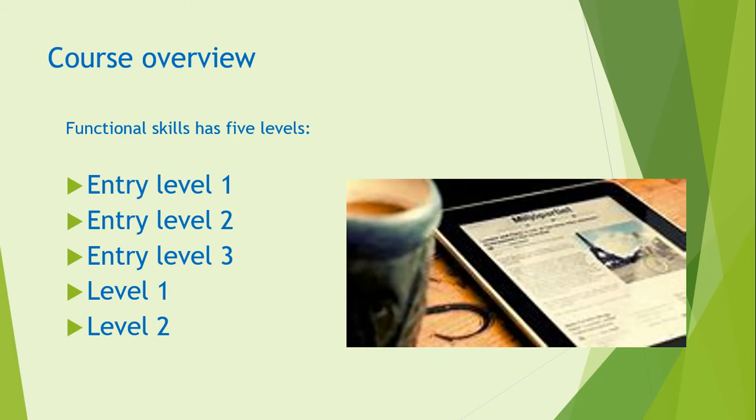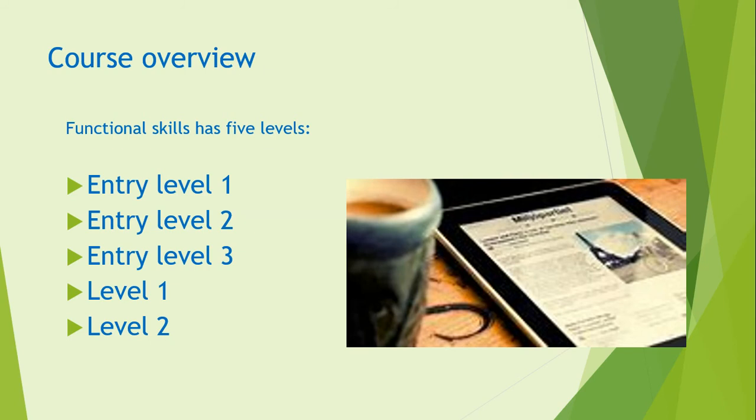So functional skills actually isn't just one qualification like a GCSE where you get lots of different potential grades. This time it's either pass or it's a fail. And it is split over different levels. So we have a very sort of introductory beginning point at what we call entry level 1. And you can build up through those entry levels. And then it gets a bit weird and it goes back to a level 1.